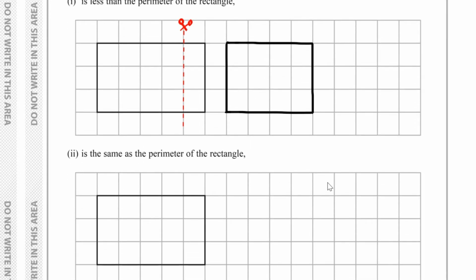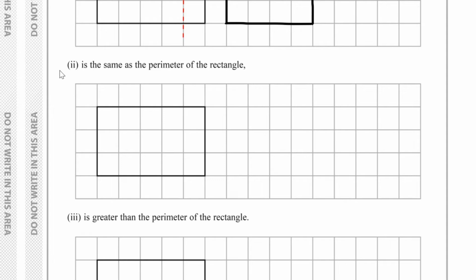this rectangle here. Now we want something which is the same perimeter as the rectangle. Well, what I can do is cut along here and then here. And if I do that, I would end up with this shape here.